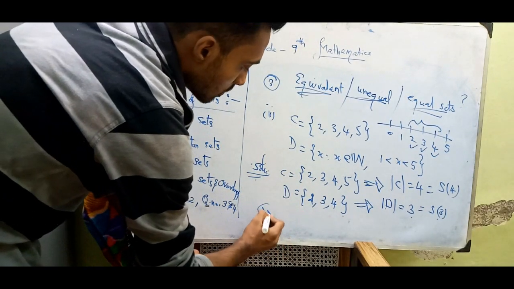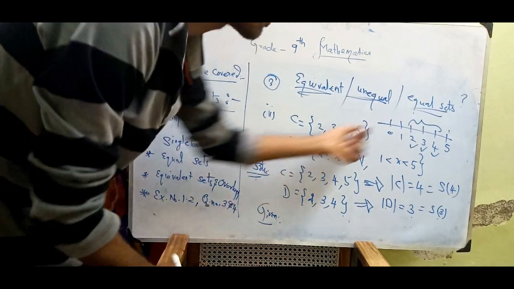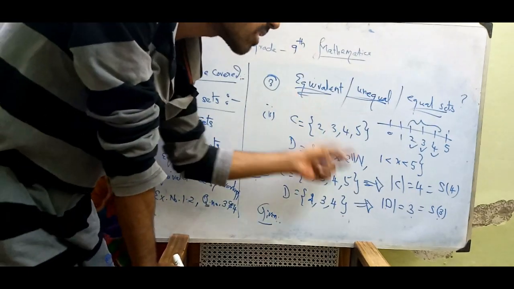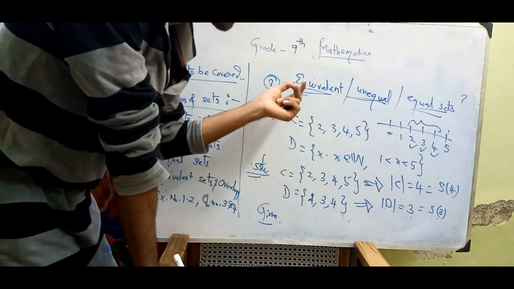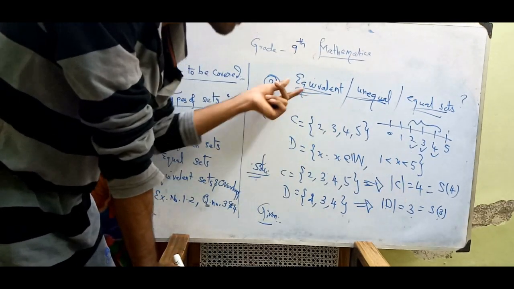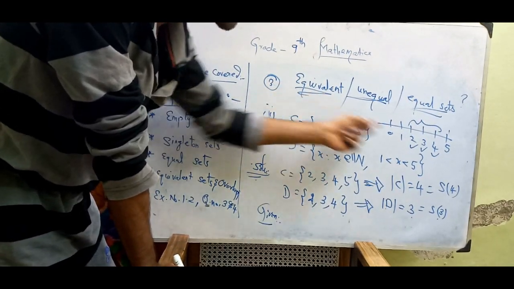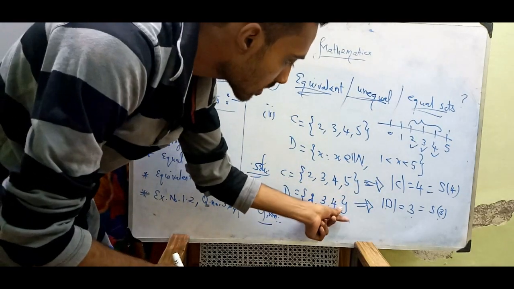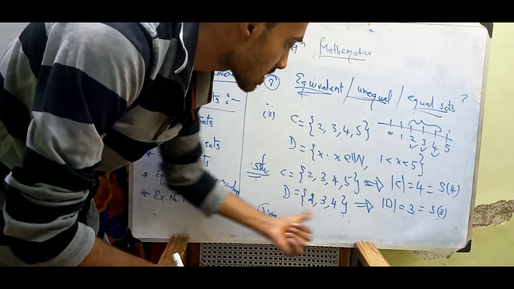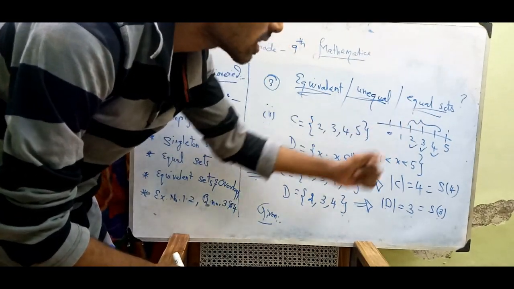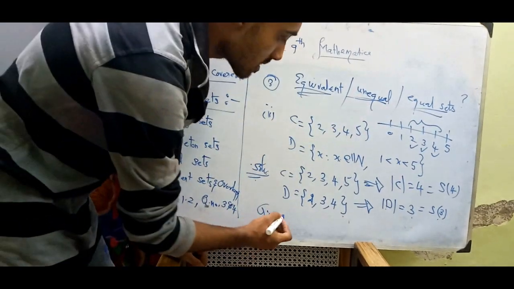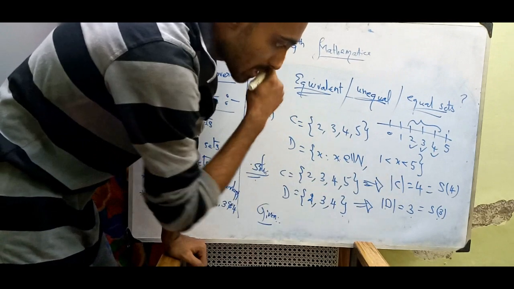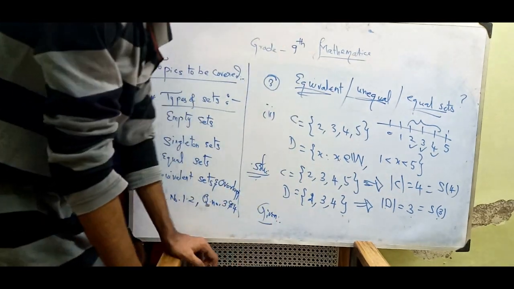So it is neither an equal set nor an equivalent set, because the cardinality is not the same. For that reason we say it is not an equivalent set. Since 5 is not present in the set D, we cannot say it is an equal set either. So the only thing is it is an unequal set, because the cardinality of C and D is not equal.